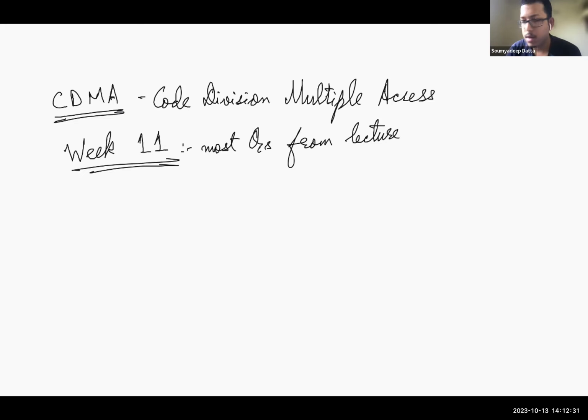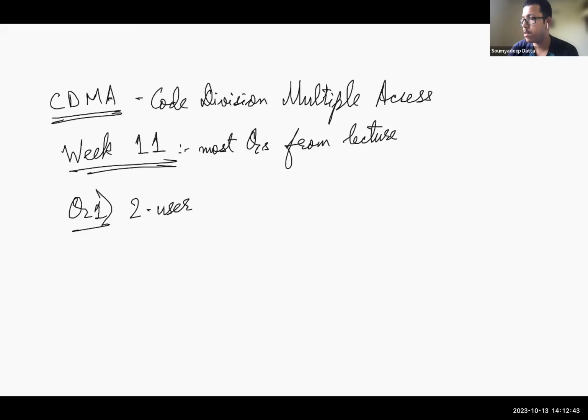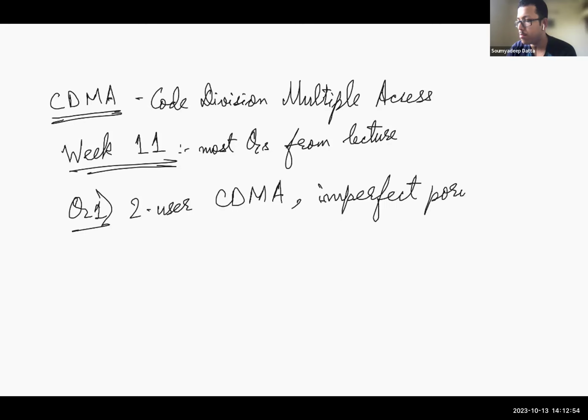So let's start. Let's say we have a two-user CDMA system, and it has imperfect power control. So you don't have power equalization across the users, which means there will be some interference.